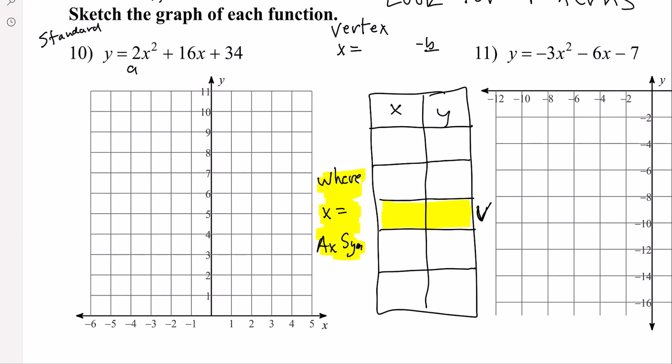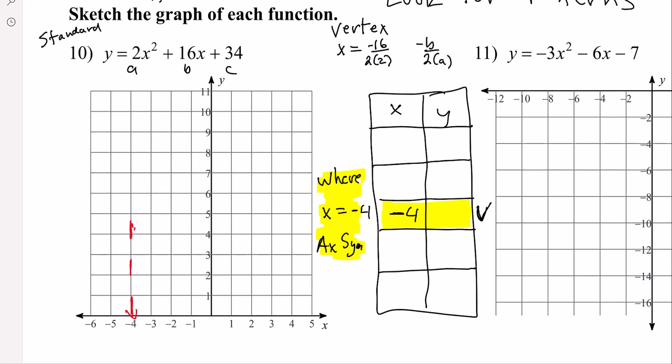So here's our a, our b, our c, and divide that by 2 times a. So the opposite of 16 is negative 16 divided by 2 times, well, negative 16 divided by 4 is negative 4. And so where x is equal to negative 4, that's where our axis of symmetry will be.